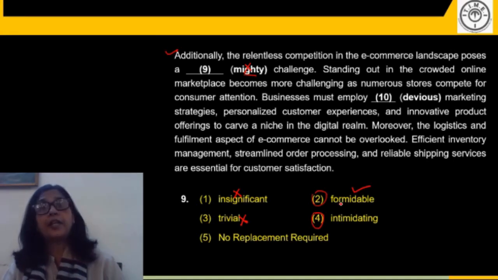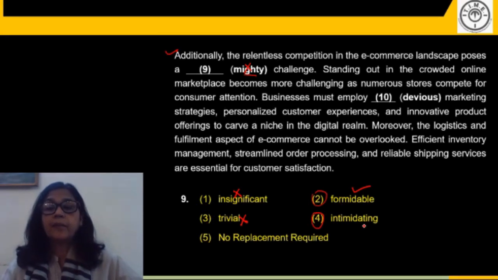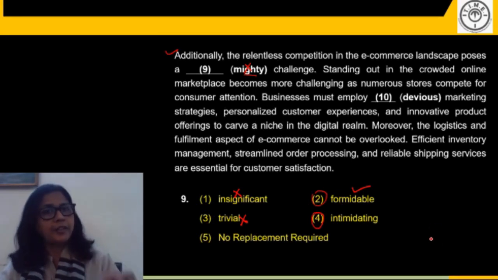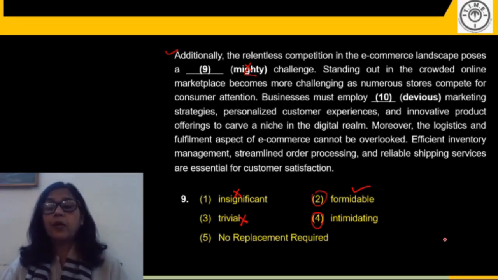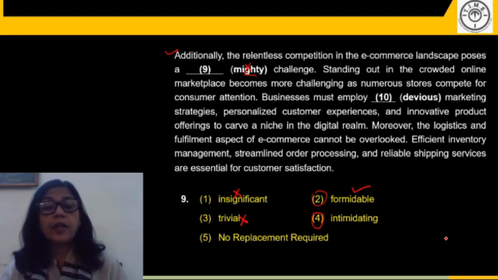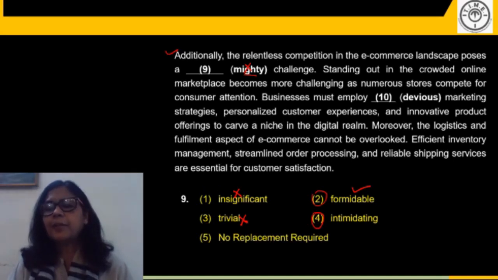A formidable challenge, a challenge that would be difficult to overcome, right? So formidable fits the best for this particular sentence in this context. Yes, it means inspiring fear or respect due to being powerful or impressive, difficult to overcome. Intimidating is just something that makes the others fearful, right?